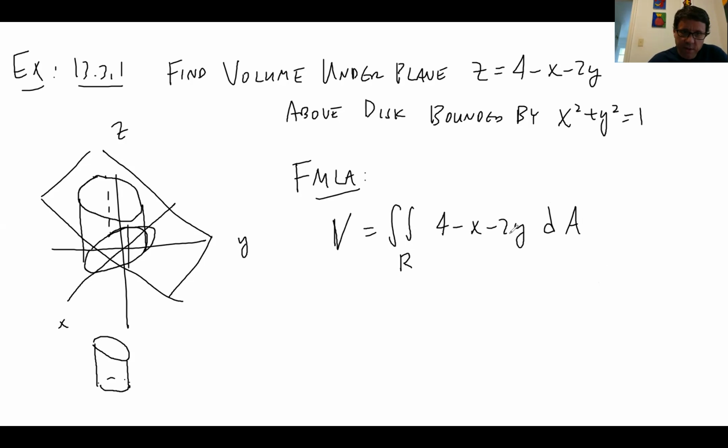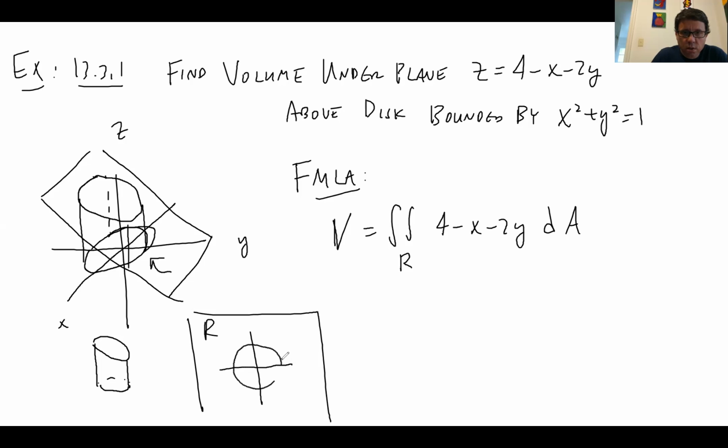But computing it is a little tricky if you think rectangular, because what is the region R down here in the bottom? If I draw R by itself, it is a circle. Think of this as the shadow region under the object.